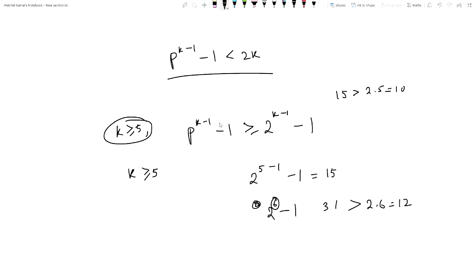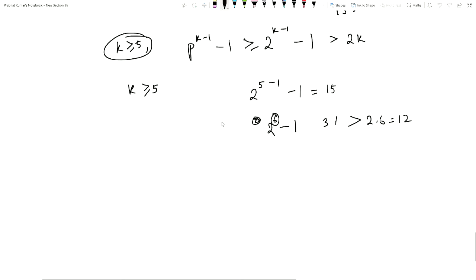You may prove it by mathematical induction, that's very easy. So whenever k is greater than or equal to 5, this expression is greater than 2k, right? So there is no problem if k is greater than or equal to 5. So let's see the case where k is less than 5. We will check for k equal to 1, 2, 3 and 4, right?